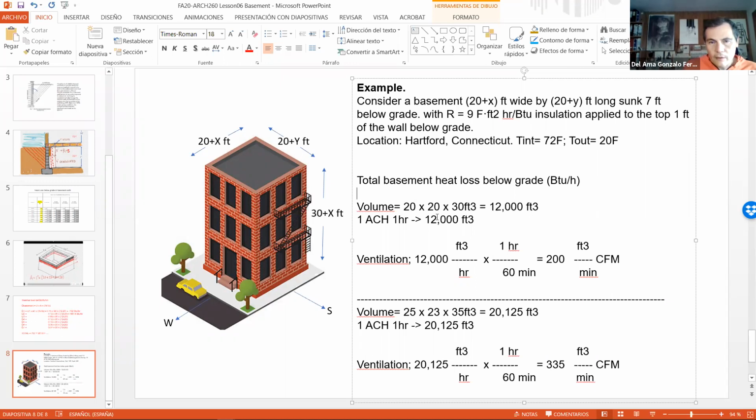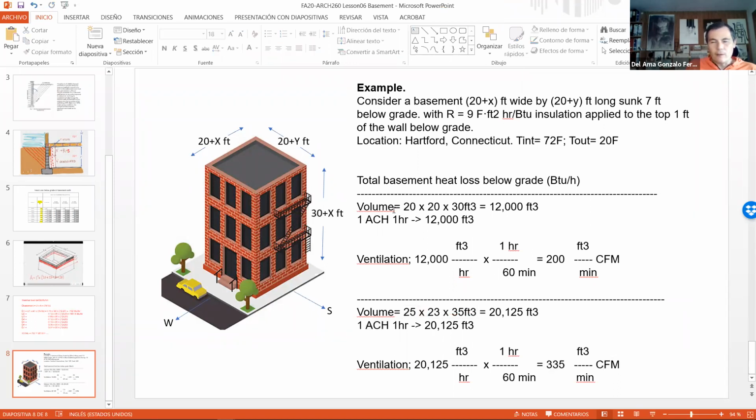Okay, so those are two different exercises. There is not a direct relationship between cubic feet per minute or CFM and air changes per hour. It depends on the volume. With this volume, one air change per hour is 200 CFM. With this volume, one air change per hour is 335 CFM.